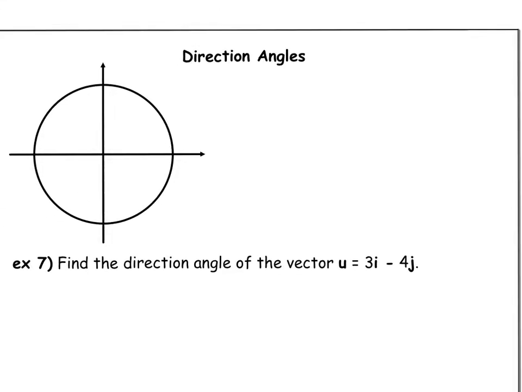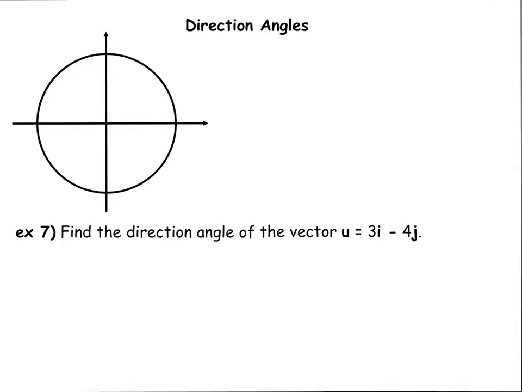All right, direction angles. I'm going to show you this and then give you one example. 2 examples actually working with this. So here's what's going on. Let's say, stay in the mindset here that all we're talking about is another way to describe a vector.